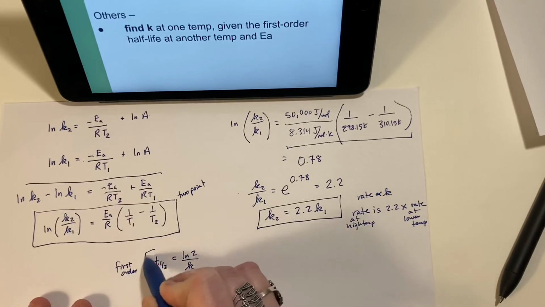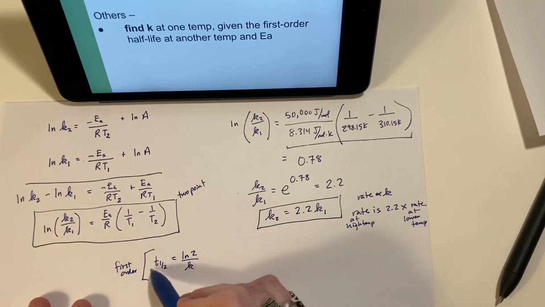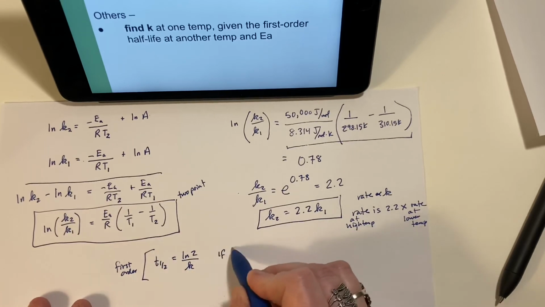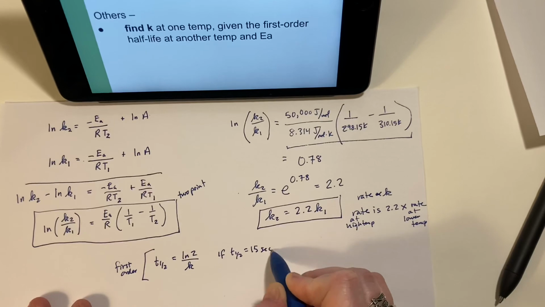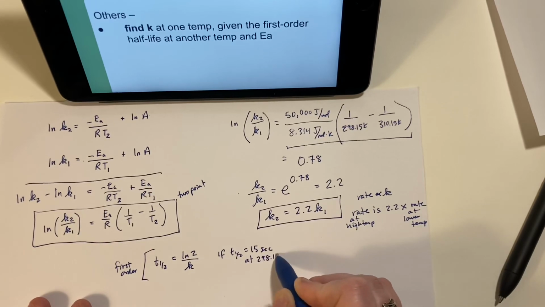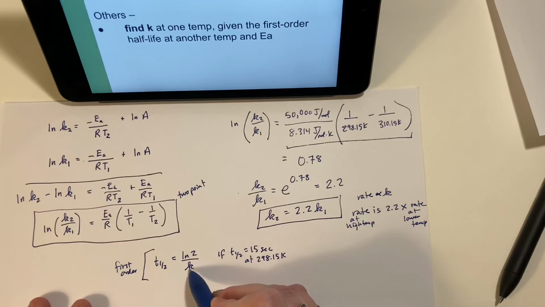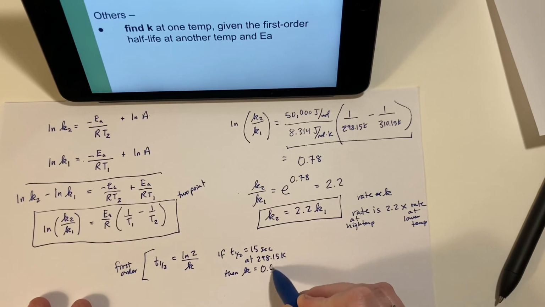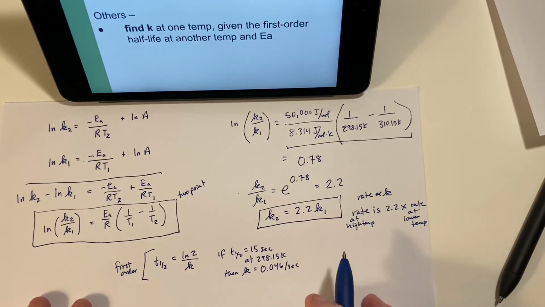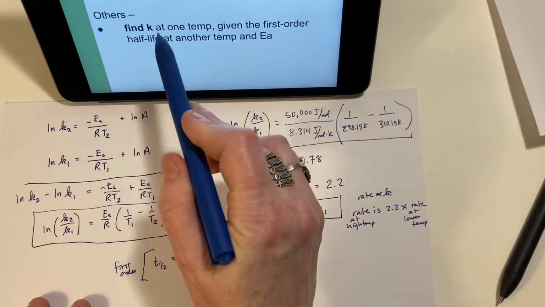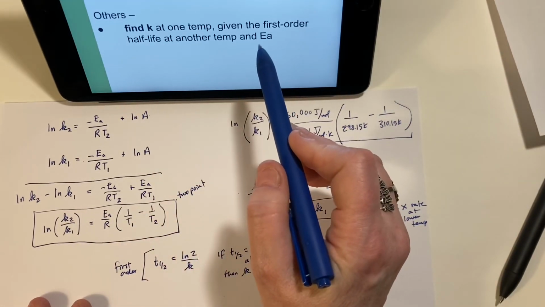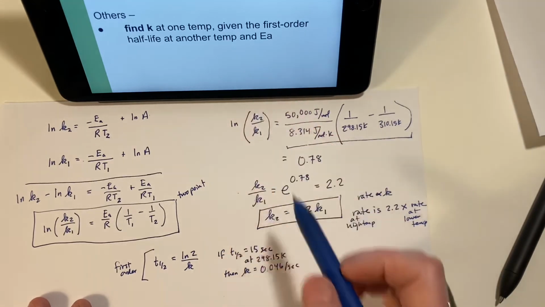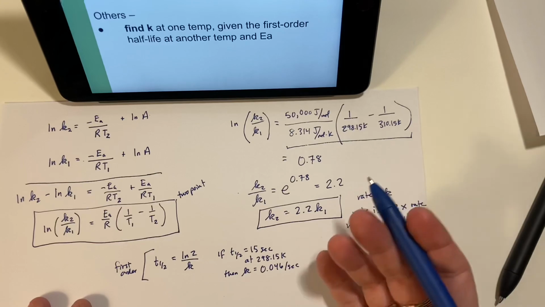If you have a first order reaction and you knew the half-life time, like if T sub 1/2 is equal to 15 seconds at a temperature of 298.15 Kelvin, you could solve for this K. In that case, this K comes out to be 0.046 per second. So that's a K at that temperature. You could find K at another temperature if you know the activation energy as well. That could be useful.